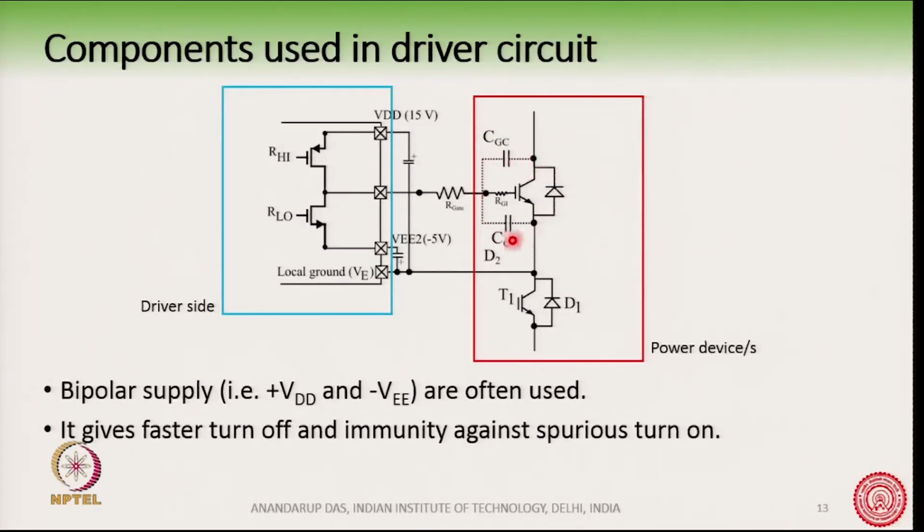When we are turning on the device, the VGE voltage will go to VDD, or about 15 volts. When we are turning off the power device, we will discharge this capacitor to minus 5 volt, that is this minus VEE, or minus 5 volt here. And there are advantages related to it.